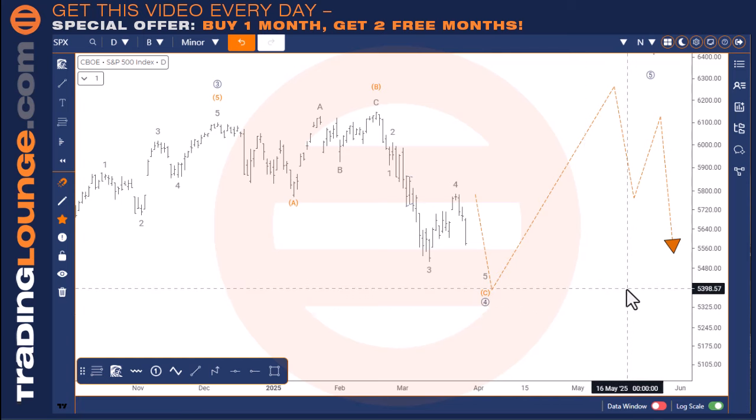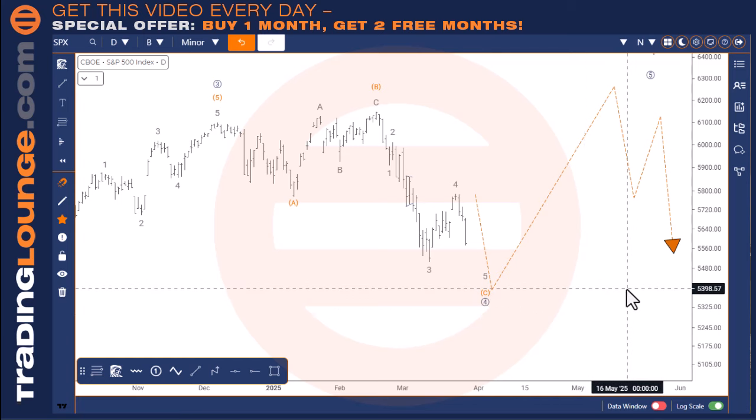So this little move through here, which we'll take a look at in a moment back on the other one, I've got 1, 2, 3, 4, 5 for 1 and 2, and 1, 2 going down for the third wave, the fourth and the fifth. And then we would have all of this down here for 1 and 2, and then 3, 4, 5. So this is bringing us closer down to the 5,000 at that point.